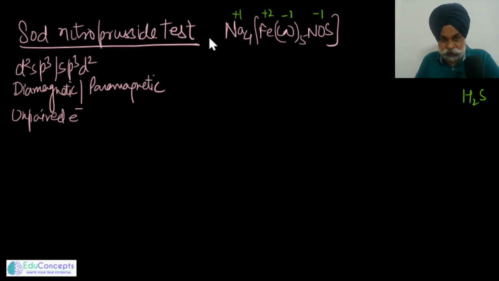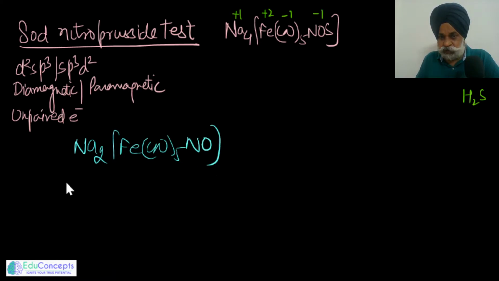Sodium nitroprusside test. So basically what you always have to remember is that if I simply write Na2[Fe(CN)5NO], this is called sodium nitroprusside. This particular species is called sodium nitroprusside.